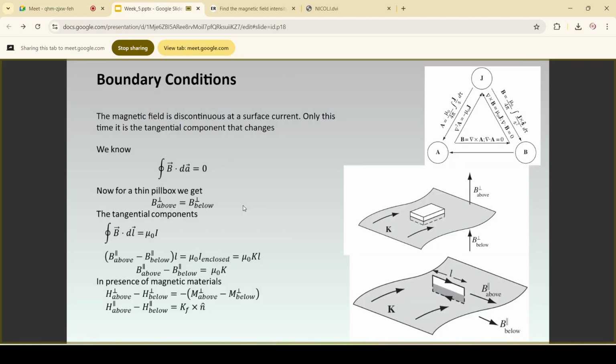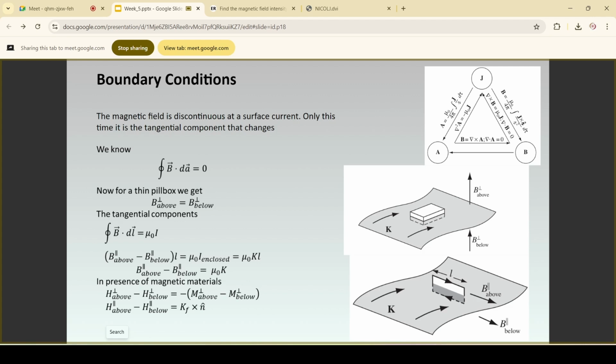Okay, so these are the boundary conditions. This is how you change it. But we know that H parallel above and H parallel below are equal.